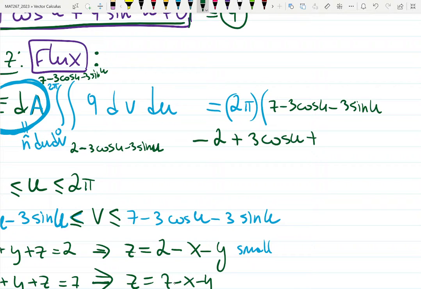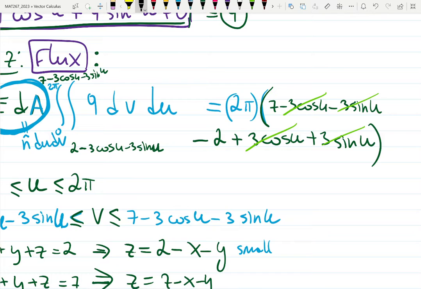You could put parentheses, but I'm just good at changing all the signs. Close, close, cancel out, magic. Minus 3 cosine u plus 3 cosine u minus 3 sine plus 3 sine. 7 minus 2 is 5.